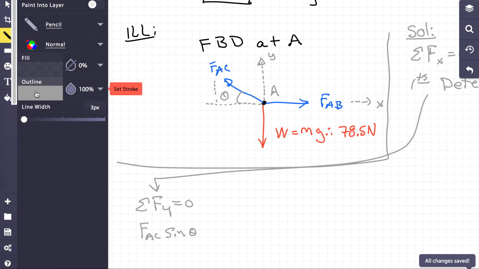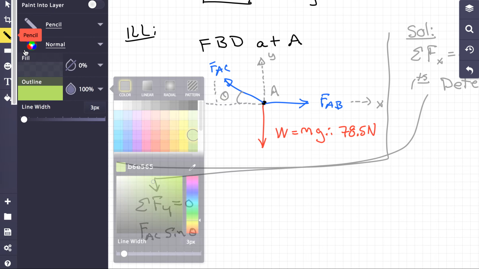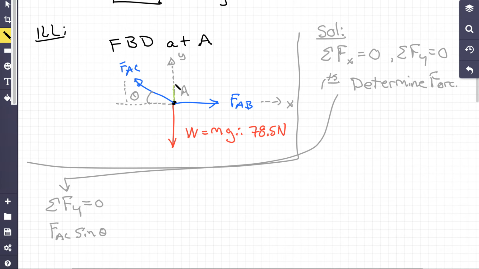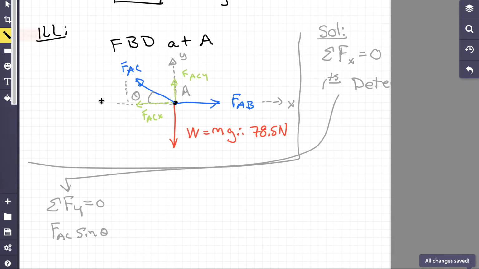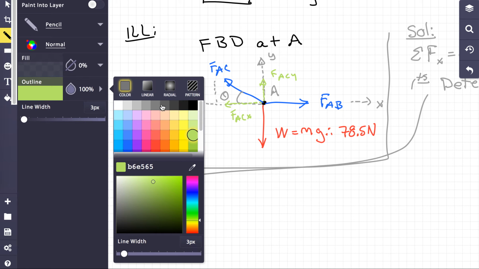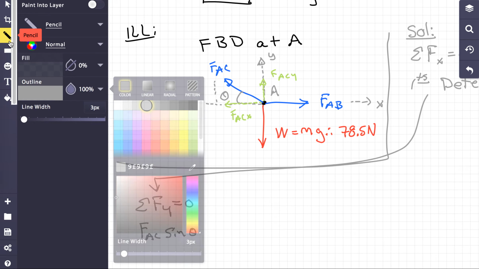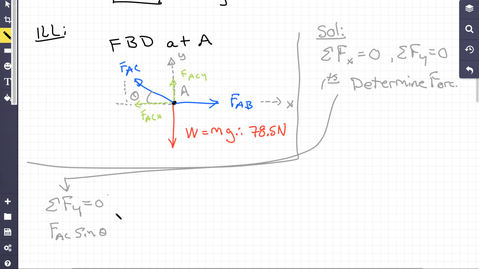If we break these components down, we have FAC X and FAC Y. We also know that this is positive, and then minus the weight, and that equals 0.